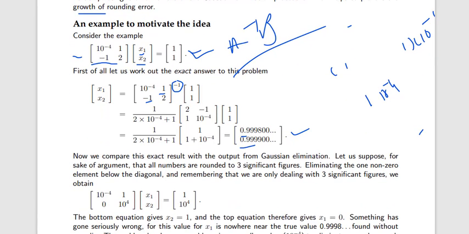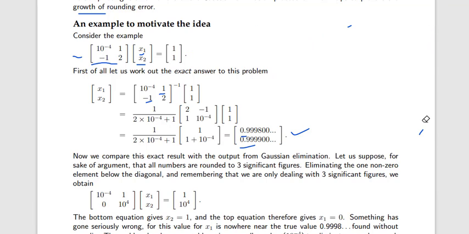So first of all, we take the first row, first column as the diagonal, and the elements below it we will transform into 0.